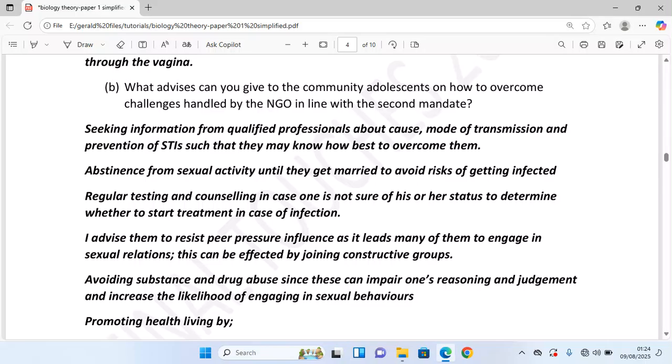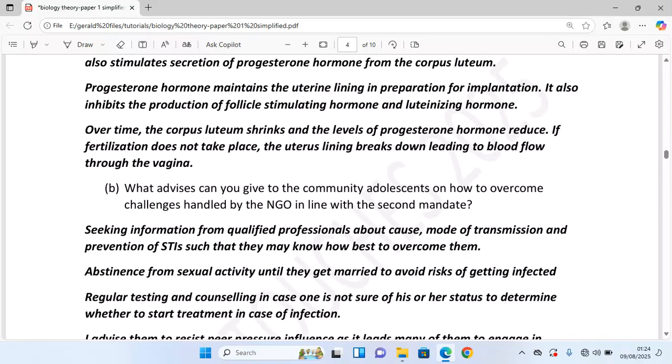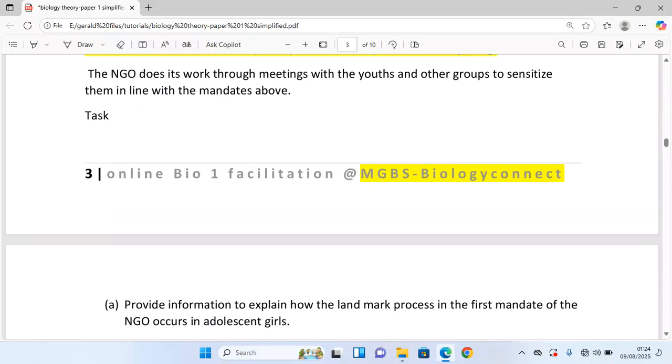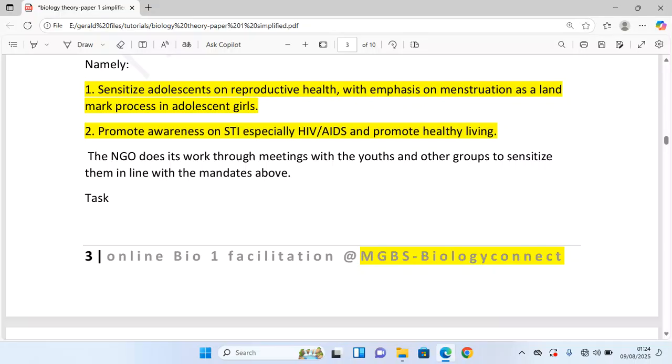Then here we have, what advice can you give to the community adolescents on how to overcome challenges handled by the NGO in line with the second mandate? Then we have to go back to the mandate. What did the mandate say? The second mandate says to promote awareness on STIs, especially HIV/AIDS, and promote healthy living.